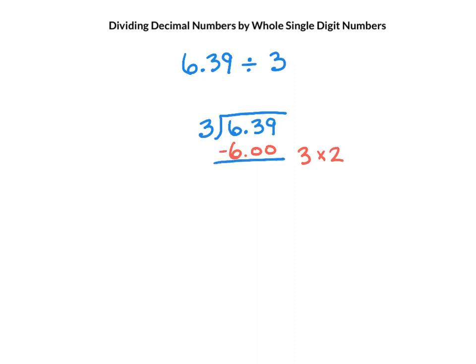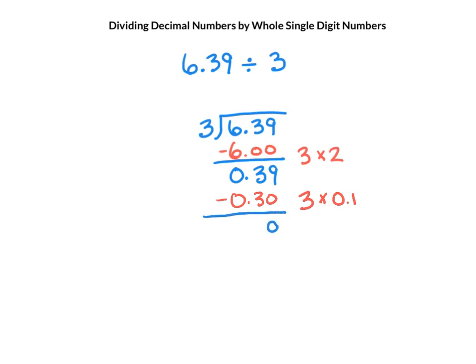And now I'm left with 39 hundredths. Now I can get rid of that 3 that's in the tenths position by saying 3 groups of 1/10, and that gives me 3/10.